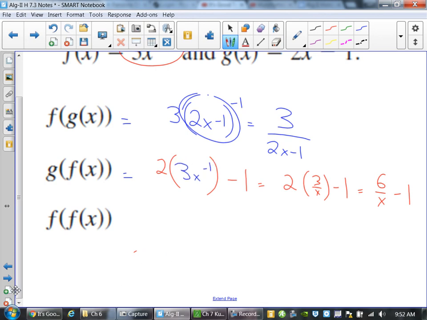And then last but not least, we have g of f of x.